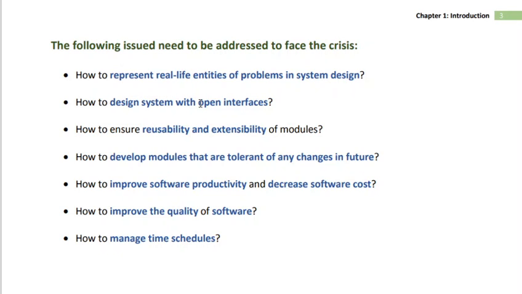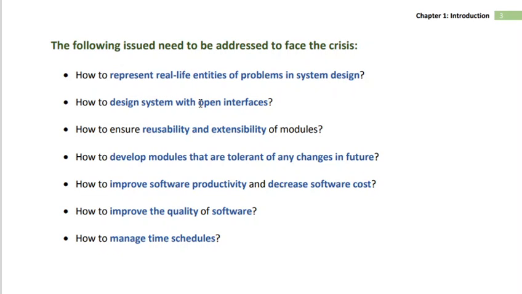So one has to know the mechanism for representing real life entities of the problem in system design, because until and unless there is a proper correlation between the real world entities that are participating in realizing the business and the logical objects that are participating in realizing the business in design, the interpretation of the system may be completely wrong.